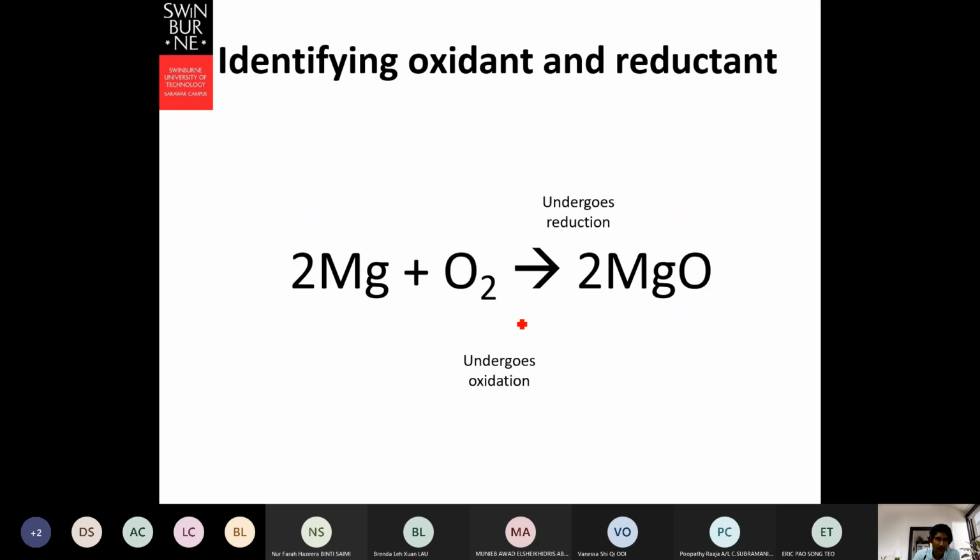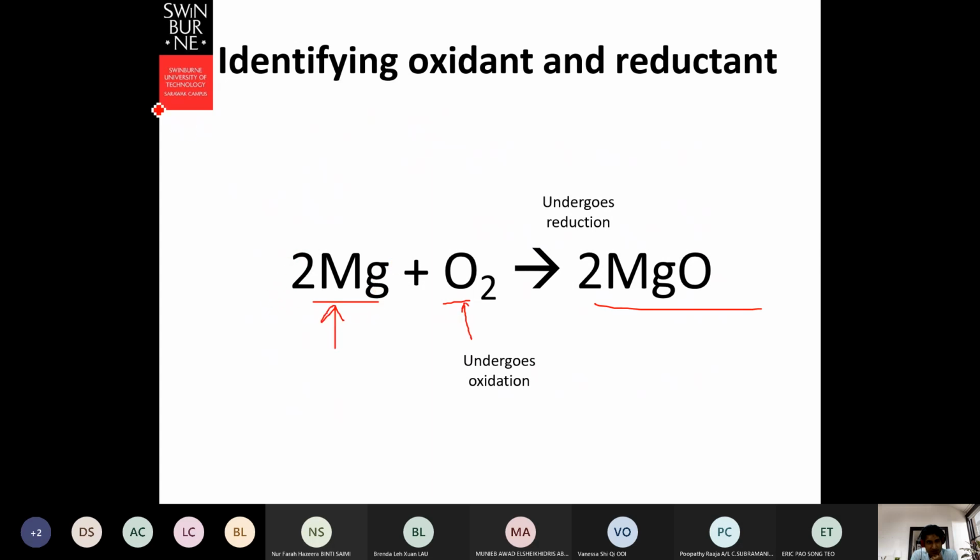Now, if we try to identify the oxidant and reductant for the reaction of magnesium and oxygen, let's start with the easy one that we have already seen. Magnesium and oxygen react and magnesium oxide is formed. So previously, what was the oxidation state of magnesium and oxygen?